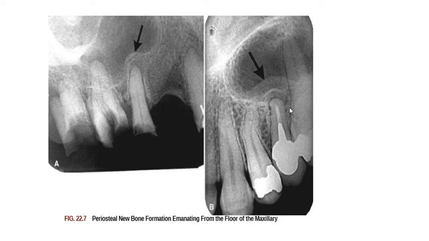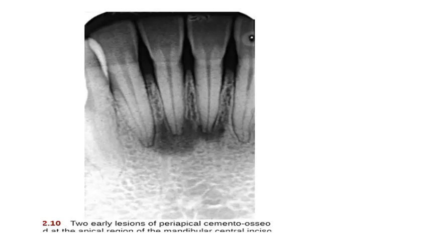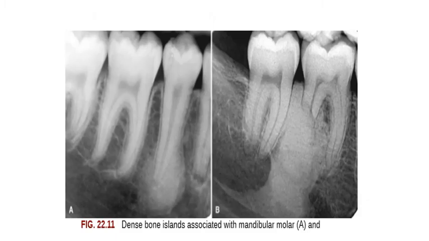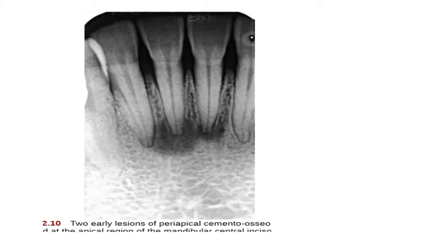Two types of lesions that most commonly must be differentiated from periapical inflammatory disease are, first, the periapical cemento-osseous dysplasia, and second, dense bone bodies or dense bone islands located at the apices of the tooth roots. Both of them are shown on these diagrams.